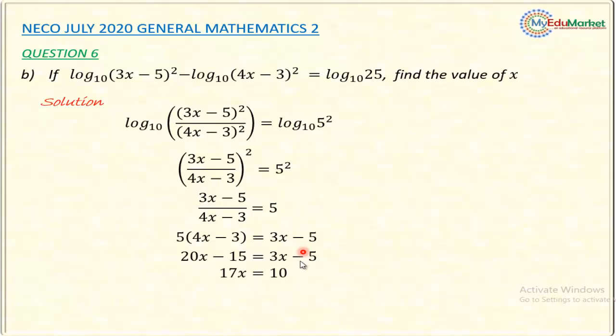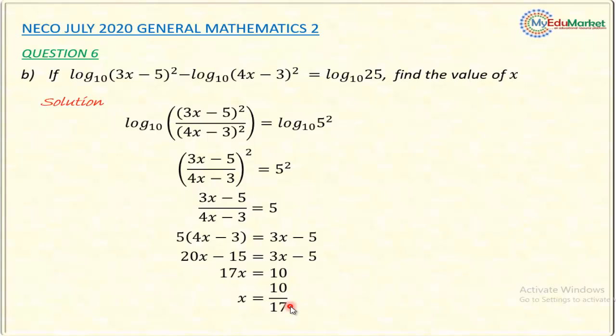There I have 17x equals 10. 17x is the result of 20x minus 3x, and this 10 is minus 5 plus 15. So I continue, dividing both sides by 17. We get x as 10 over 17.